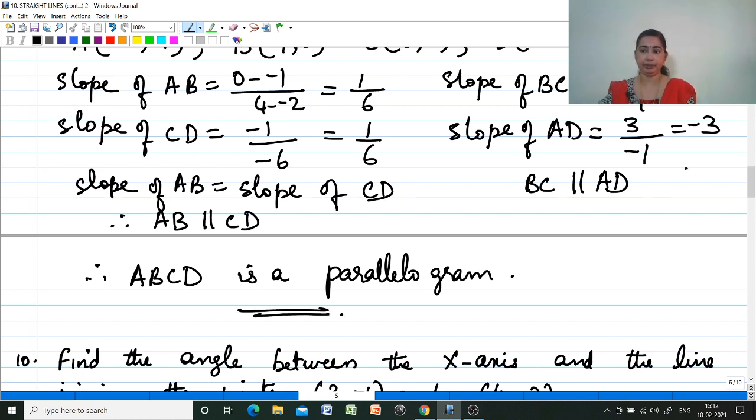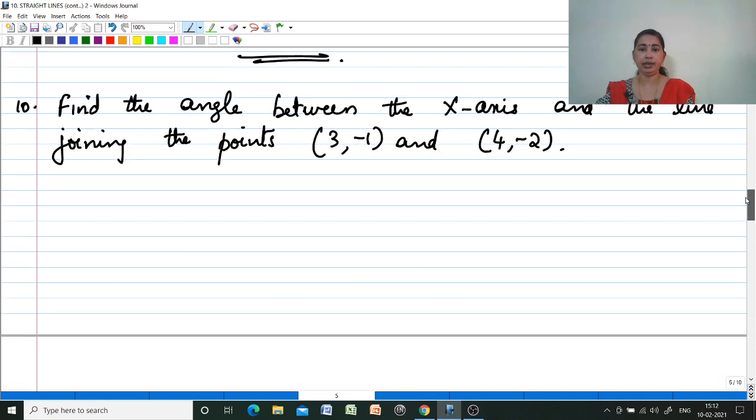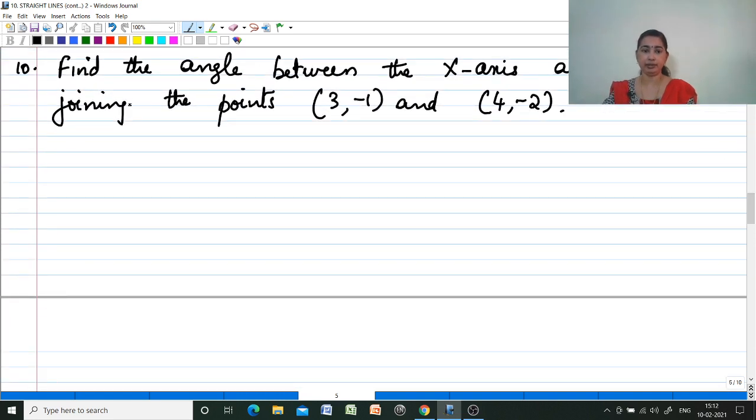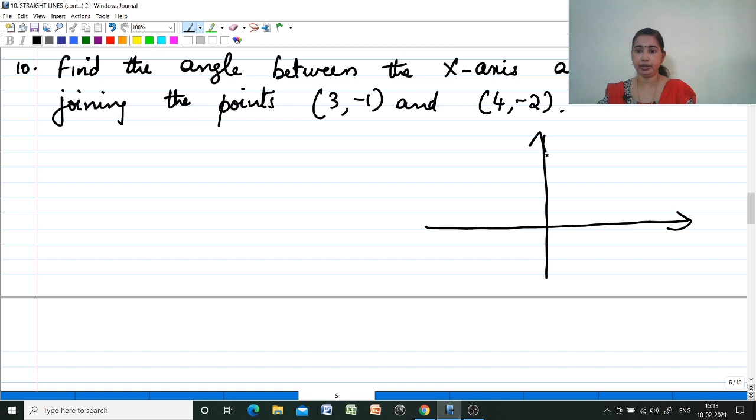Now, question number 10. Find the angle between the x-axis and the line joining (3, minus 1) and (4, minus 2). We have to find out the angle between the x-axis and the line.